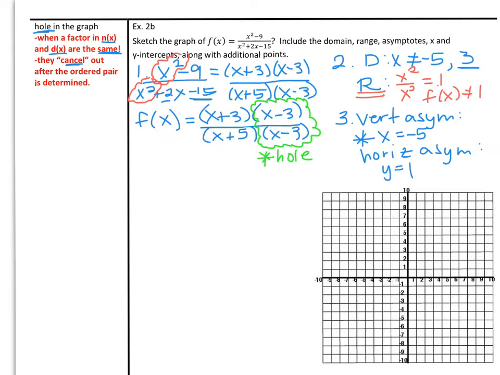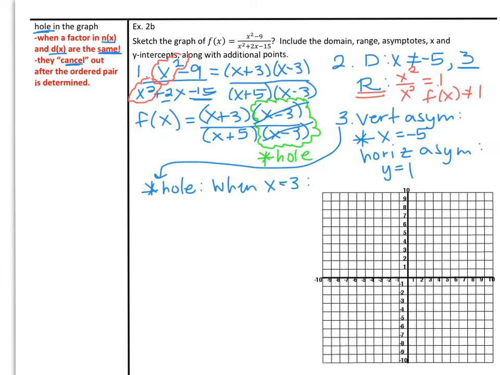All right, so now between steps 3 and 4, we're going to take care of that hole in the graph. The hole in the graph is when x equals positive 3, because that's the match on top and the bottom. So to get that, what we need to do is now cancel that matching factor.